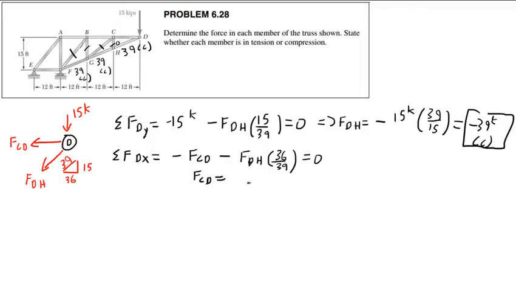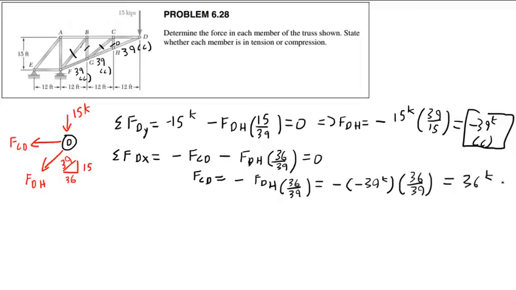FCD then is going to be equal to negative FDH times 36 over 39, equals negative 39 kips times 36 over 39, which comes to positive 36 kips, which will be in tension.